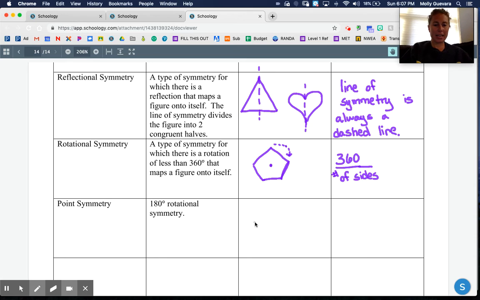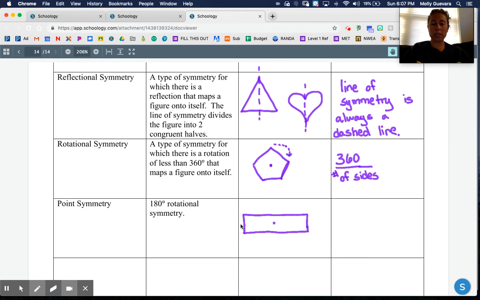The last thing is point symmetry. Point symmetry happens when I have 180 degrees rotational symmetry. So if I have 180 degrees rotational symmetry, we say that the shape has point symmetry.